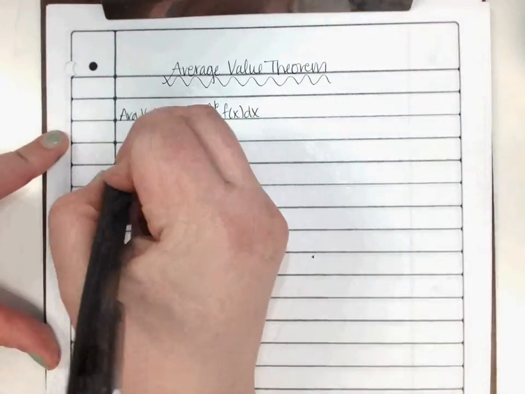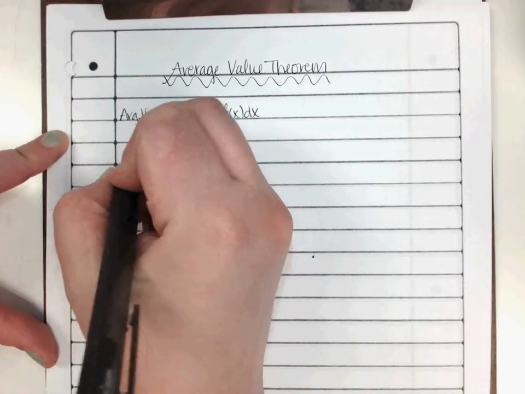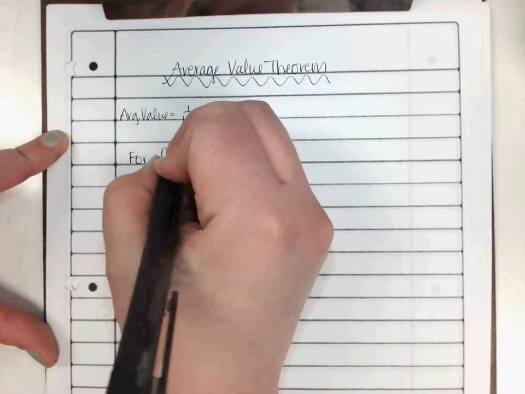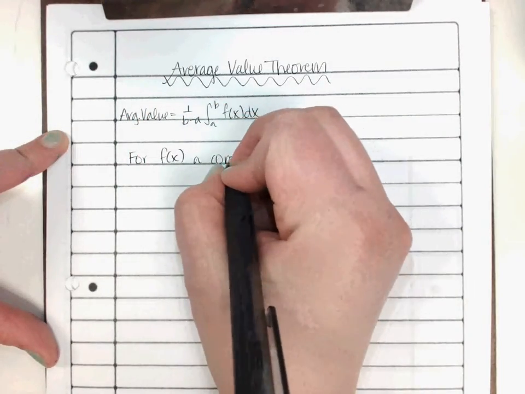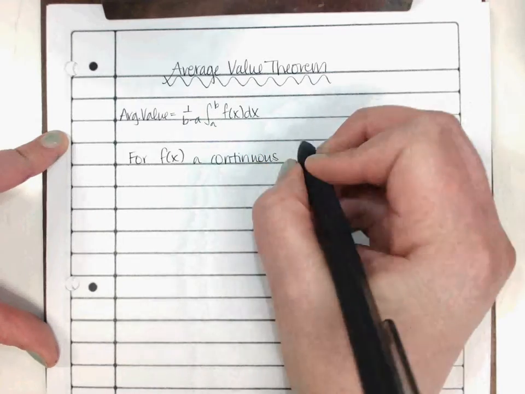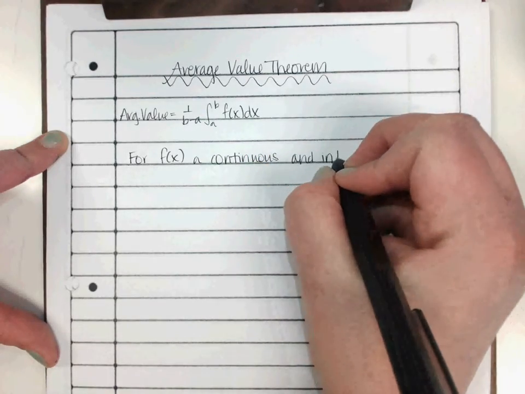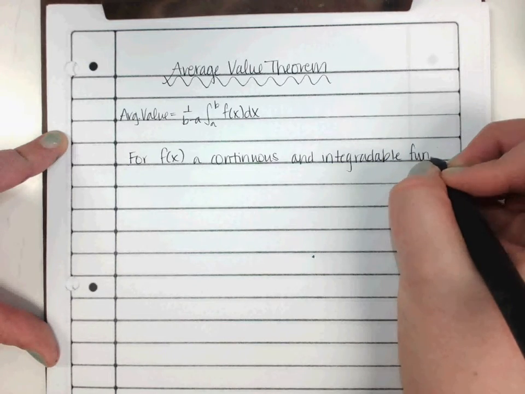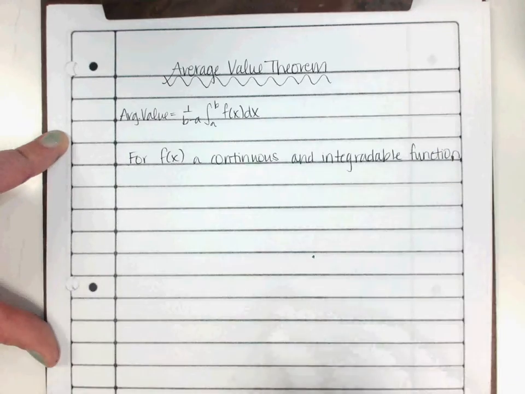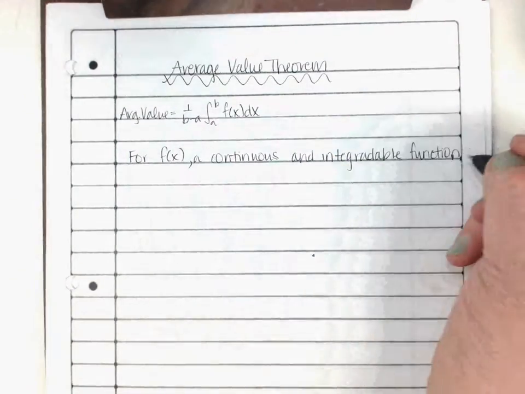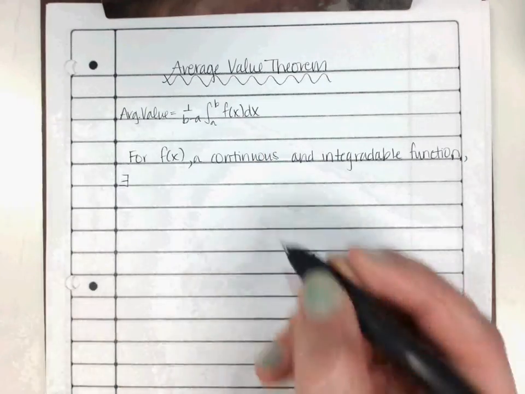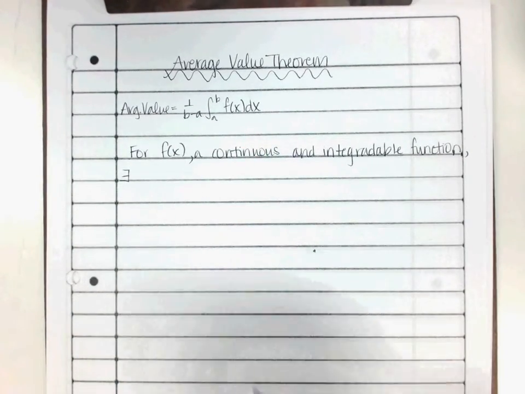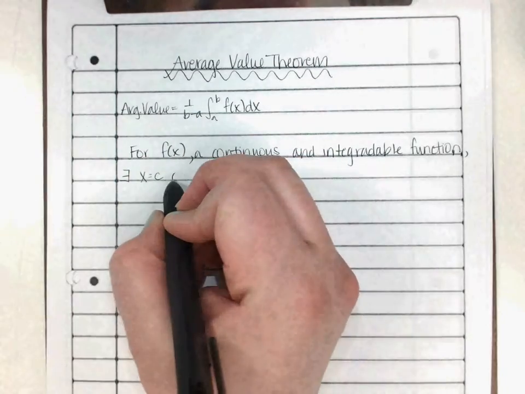So the first thing is that this theorem only applies if f of x is a continuous and integrable function. Okay, for f of x, a continuous and integrable function, there must exist, remember the little backwards e, an x equals c within a to b.